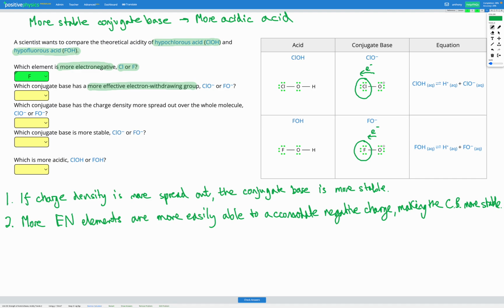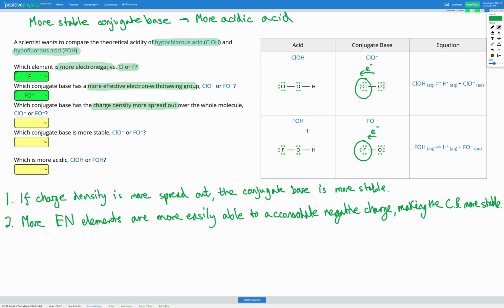So which has a more effective electron withdrawing group? That's going to be the one with the higher electronegativity, which is going to be fluorine. So FO minus has a stronger electron withdrawing group, which is the F. So the answer is going to be the FO minus. Therefore, which one has the charge density more spread out?